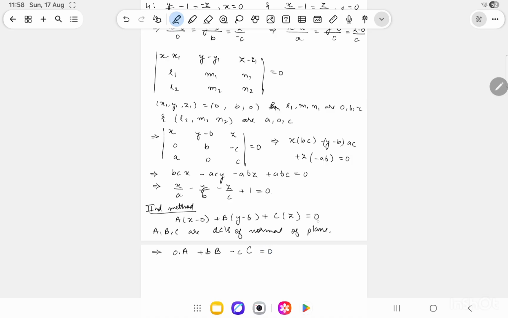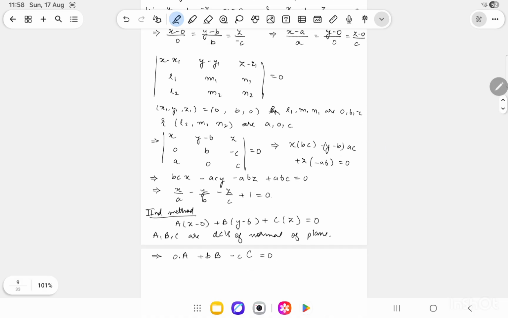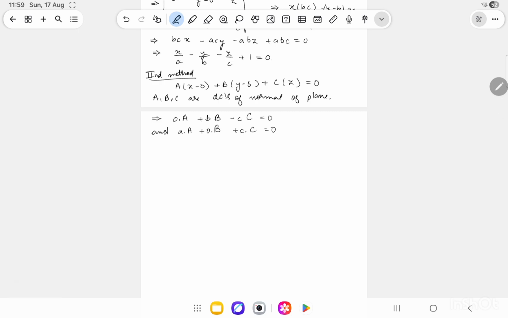Also my plane is parallel to line L2. So the normal of my plane is perpendicular to line L2. So using that I will get the relation small a into capital A plus 0 into capital B plus small c into capital C equals 0. I can just solve these equations for A, B and C using cross multiplication.